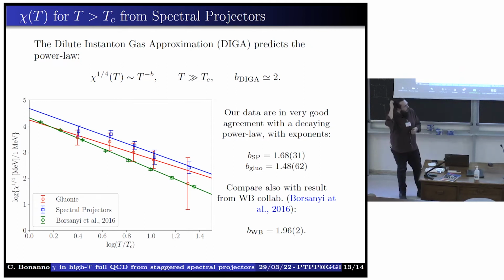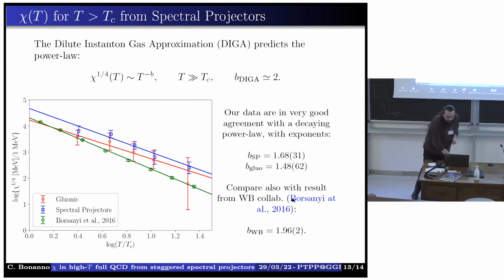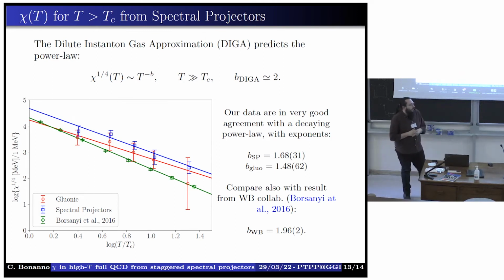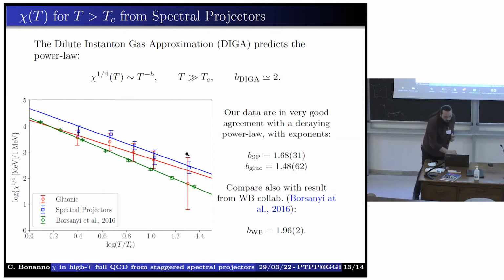And if we compare our results with the results from the WB collaboration obtained in this work, we observe that, as they also show, there is a compatibility with the exponent predicted by the DIGA, but there is a mild tension between our data and the data from the WB collaboration.